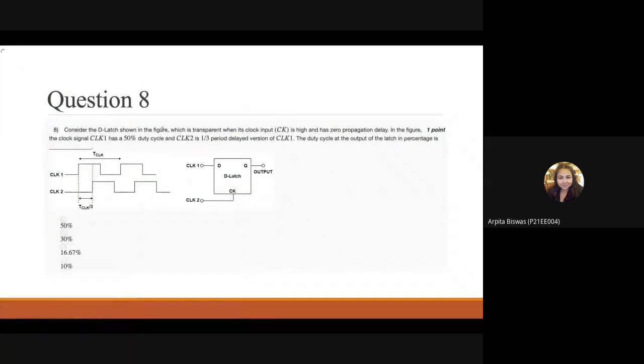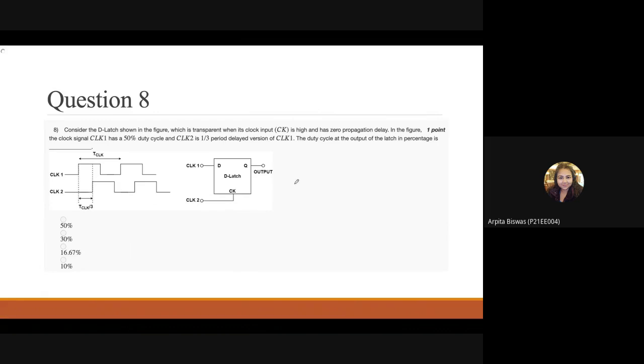So what is given in this question? When the clock input is high and has zero propagation delay, in the figure, the clock signal CLK1 has 50% duty cycle and clock 2 is one-third period delayed version of the CLK. So you have to find out the T1.